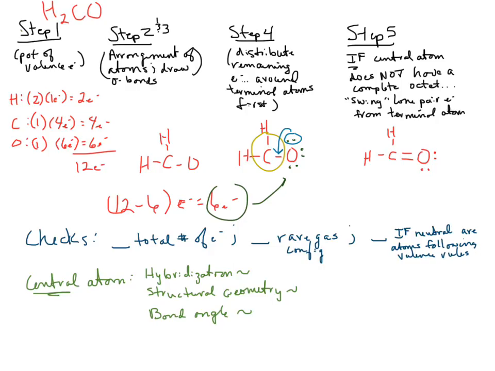The carbon went from 6 to 8 electrons. So how many electrons on our final Lewis structure? 12, yep. Does each one of those atoms have a complete octet or rare gas configuration?